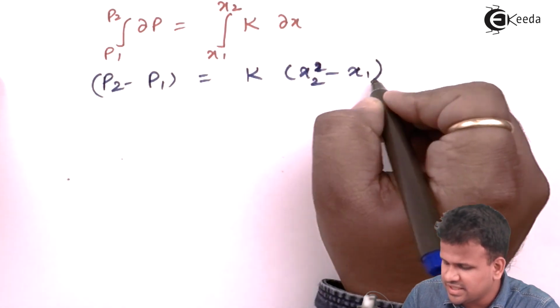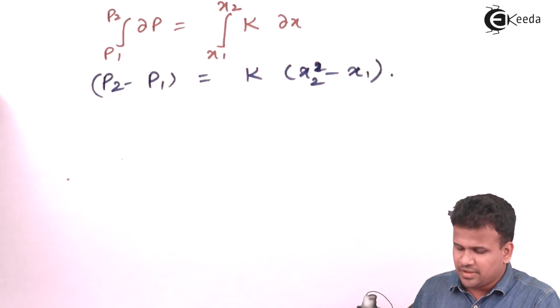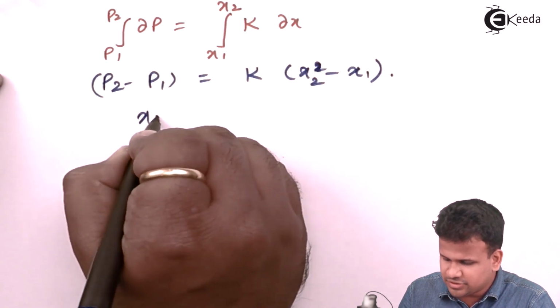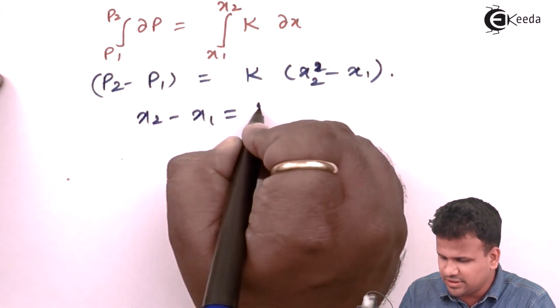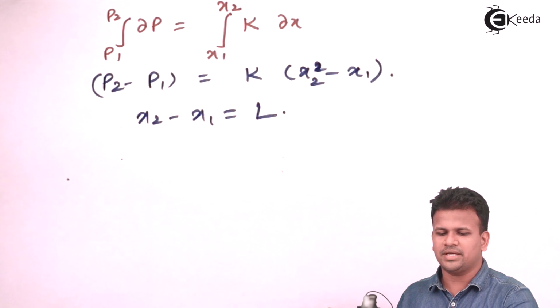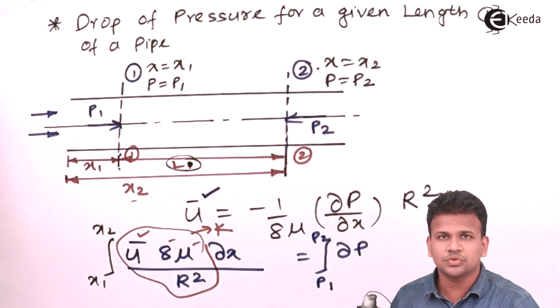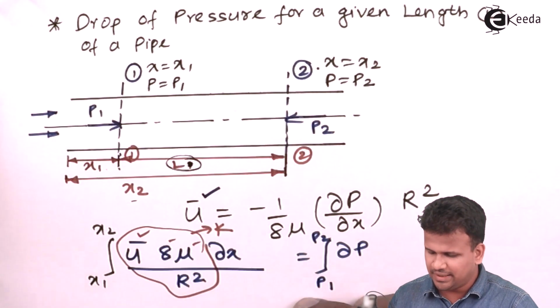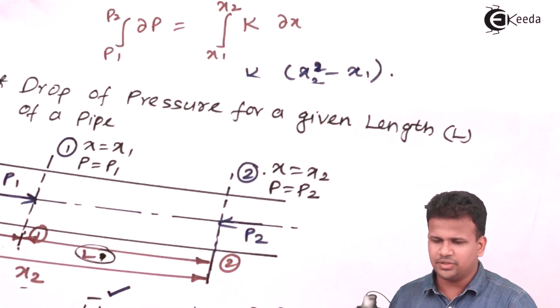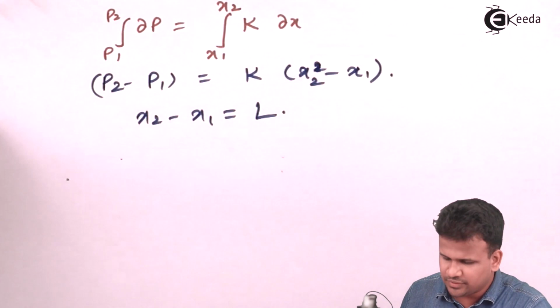We know that x2 minus x1 is equal to the length of that entire pipe, that is between section 1 and section 2. So let us substitute that value of L in that equation. What do we get over here?